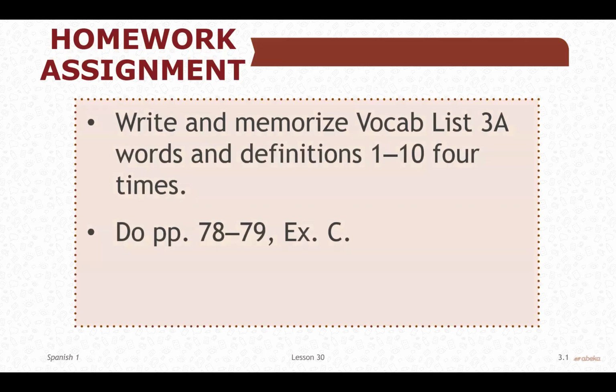Okay, homework assignment for this lesson. You are going to write words 1 through 10 from vocab list 3A, 4 times each, and you are also going to do ejercicio C on page 78 and 79, okay?